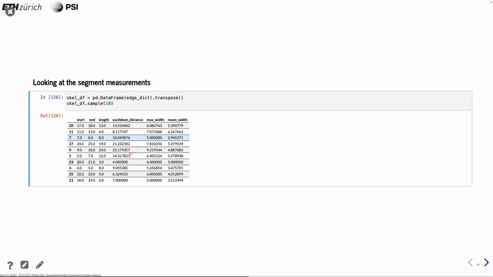Then from that, we get this table. And we can see we have start and end points of each segment. For each edge, we can see the length, Euclidean distance, max width, mean width, and so on. So we have already collected a lot of information. Still not connected as a network.